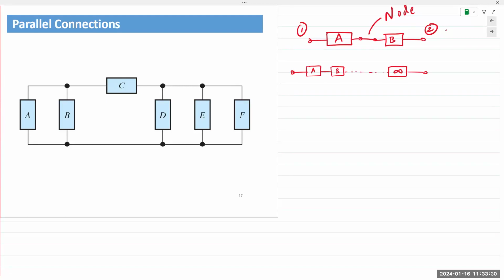Anyone ever work with old holiday lights, Christmas lights, right? You have a number of light bulbs, and the reason it's called series lights is because it's electrically connected as series.